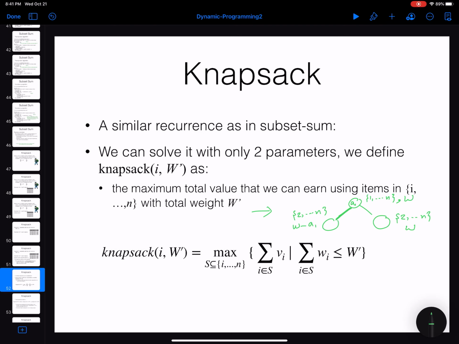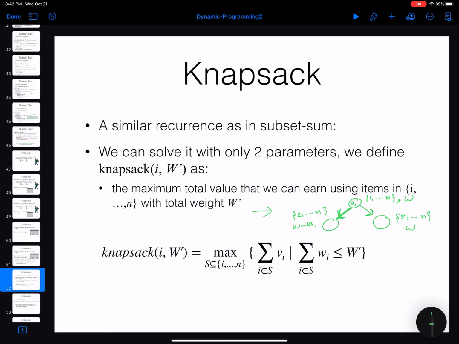The type of it is exactly the same search space as you had, but the difference here is that you are not thinking about true or false, you are going to maximize. So whatever is the result here and here, you compare them and get the maximum out of it. If you take this one, you are adding the value of A1 as well.